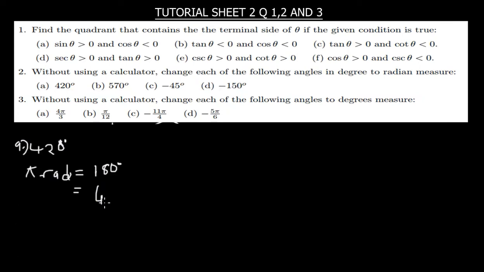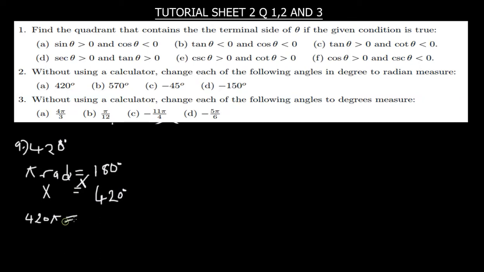I've been given 420 degrees, and then I need to find what this 420 is in radians. So I'm going to cross multiply here, 420 times pi, I'm going to get 420 pi.